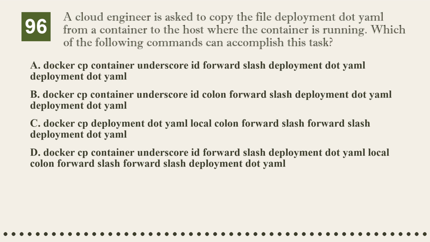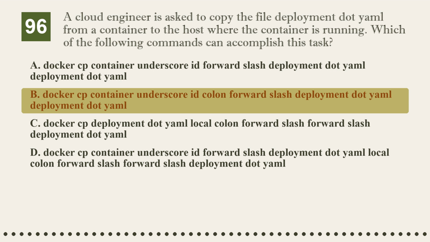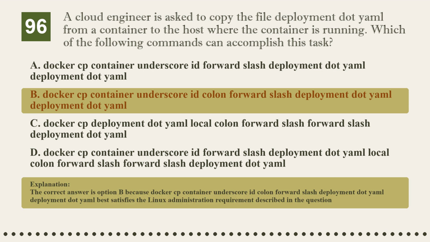Option D, docker cp container_id/deployment.yaml local://deployment.yaml. The correct answer is option B, docker cp container_id:/deployment.yaml, because it best satisfies the Linux administration requirement described in the question.